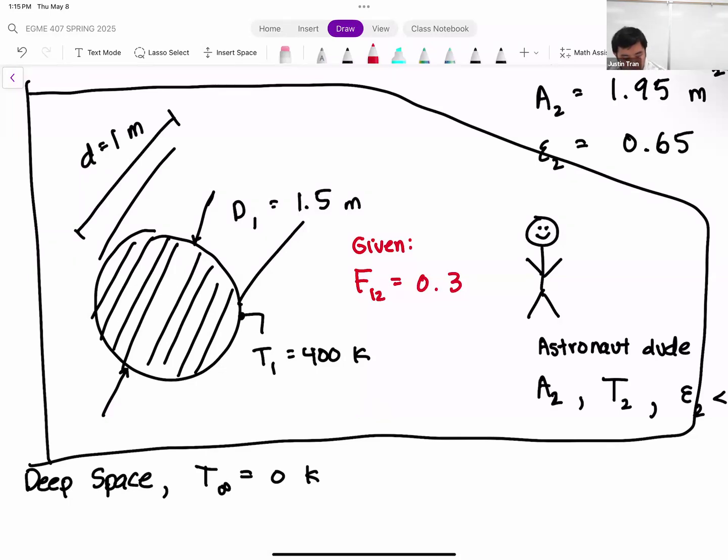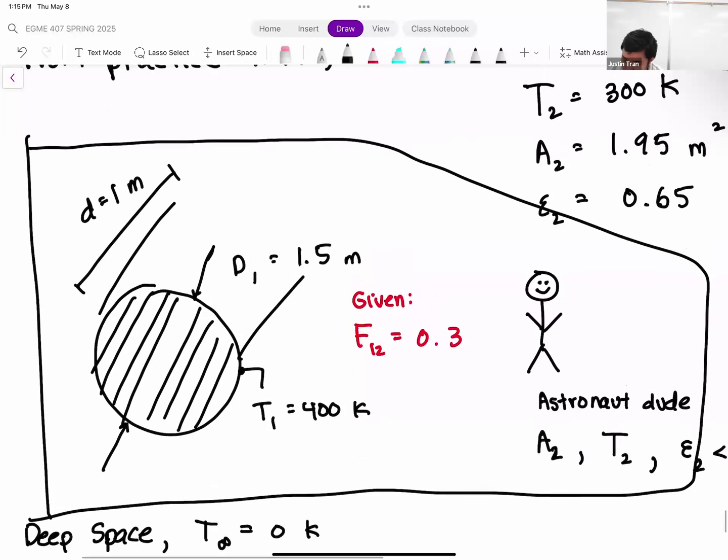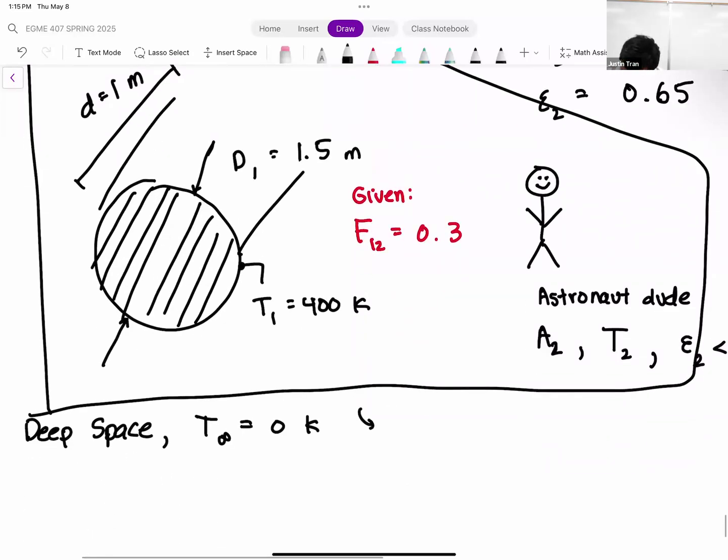In this problem, ultimately we want to compute the radiation heat loss to space from the cylinder and the astronaut.